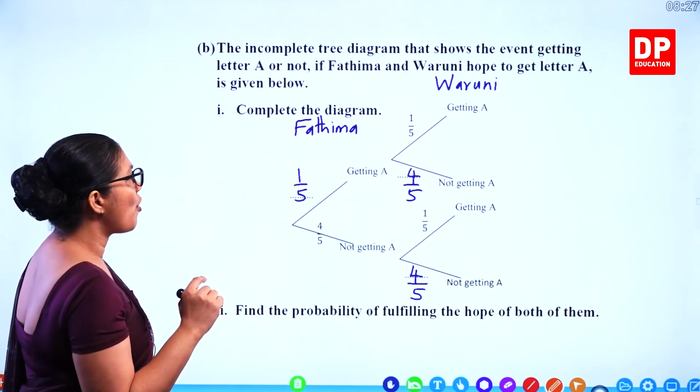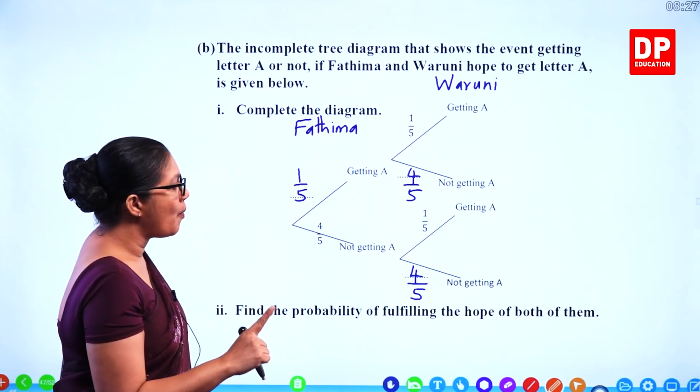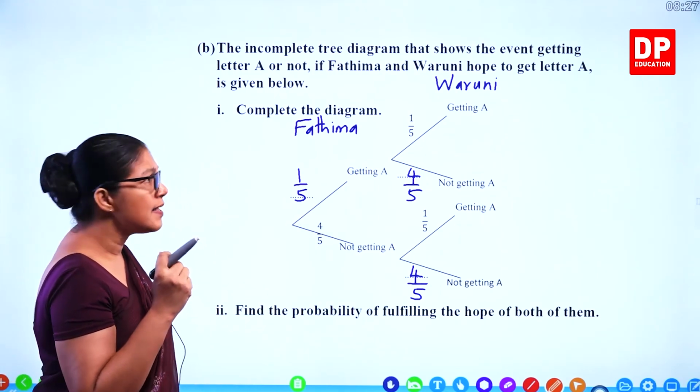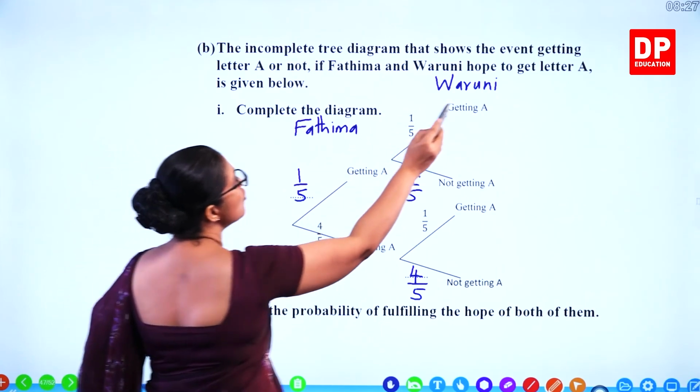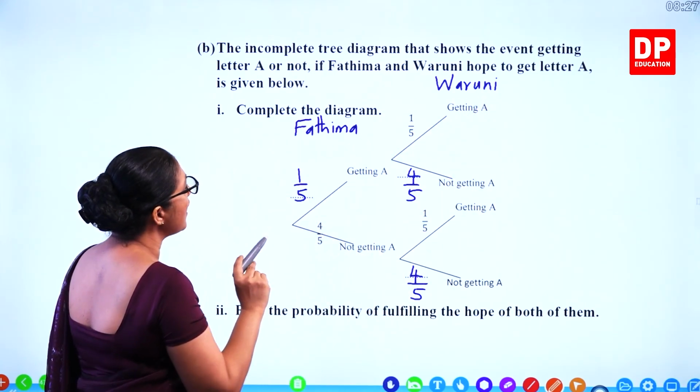Find the probability of fulfilling the hope of both of them. That means both wanted to get letter A. So which path do we need to take?